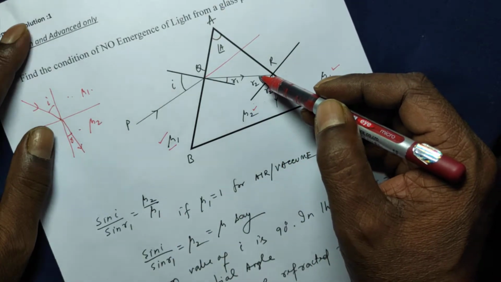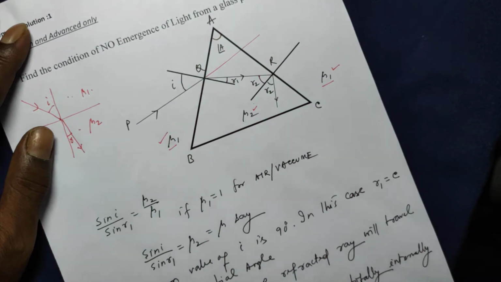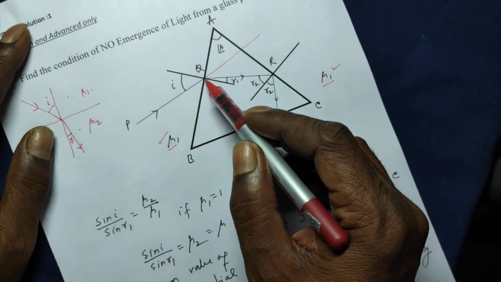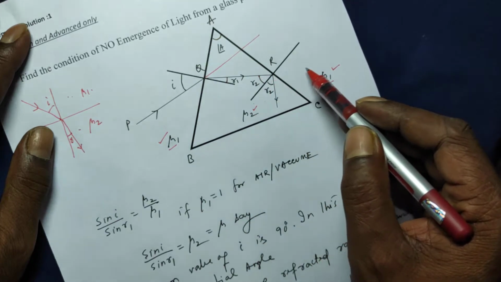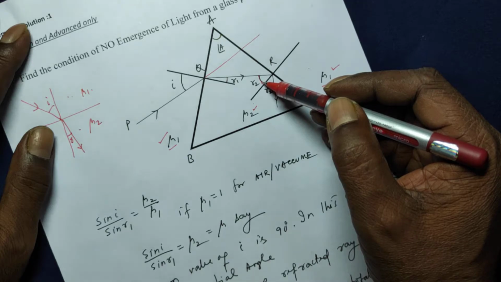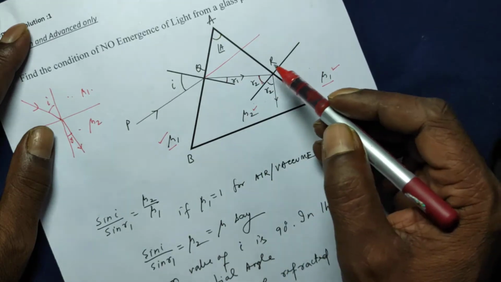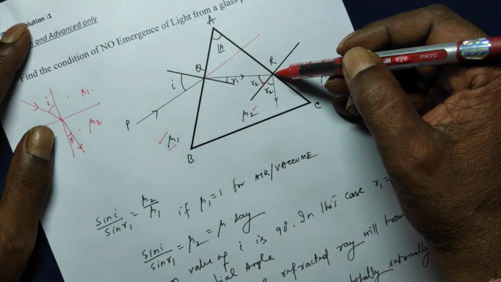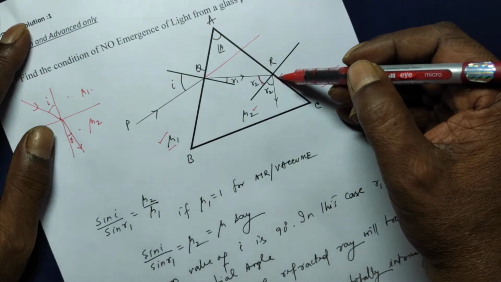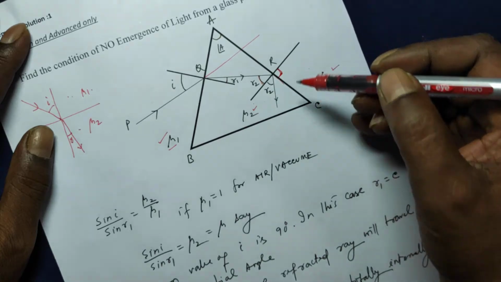Now, as you know, if this angle of incidence is less than the critical angle, then only this ray QR will come to this side. If this R2 is equal to the critical angle, then QR at point R will travel along RC, making this angle 90. Right.